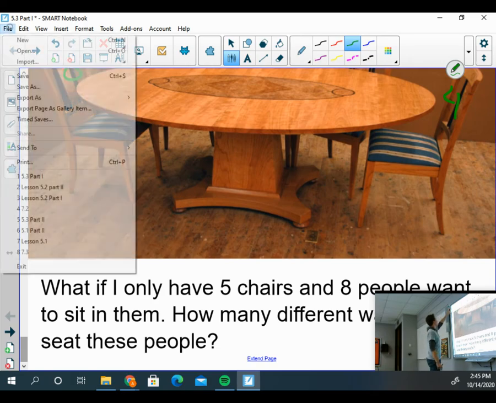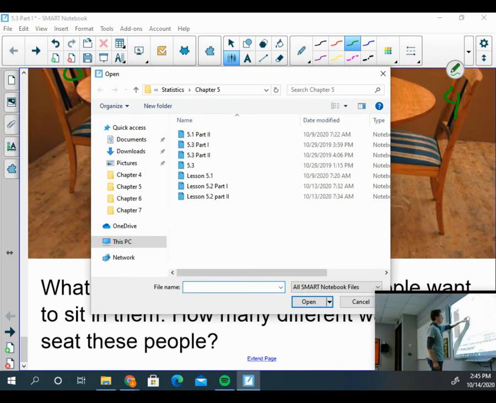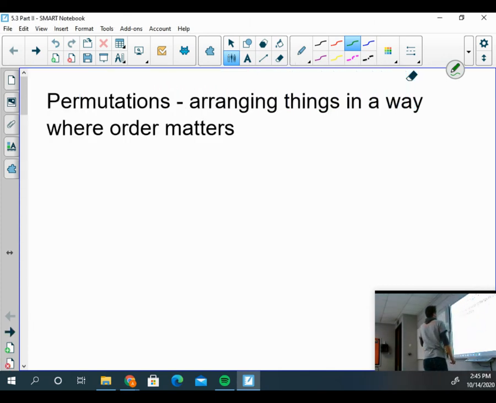Well, this is called a permutation. You see, a permutation is arranging things in a way where order matters. And that's what we've just done there. We've said the certain seating position, it matters who sits in the first seat and the second and the third and the fourth and so on and so forth.